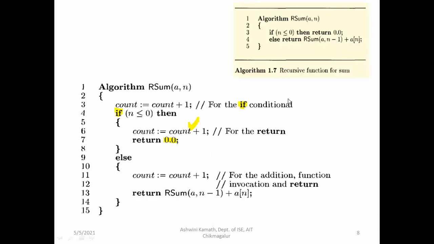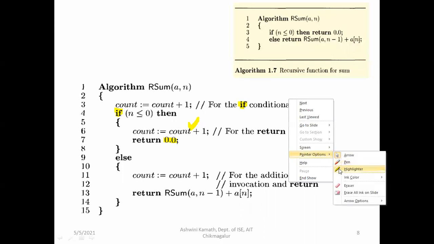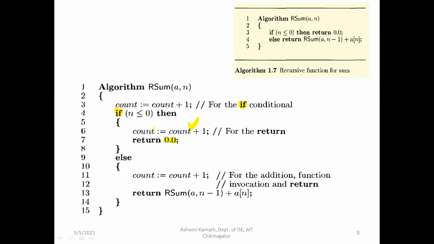You can notice here that if this condition is true, this count will be executed and this count will be executed. So 1 and 2 if the condition is true. If the condition is false, this statement and this statement will be executed.